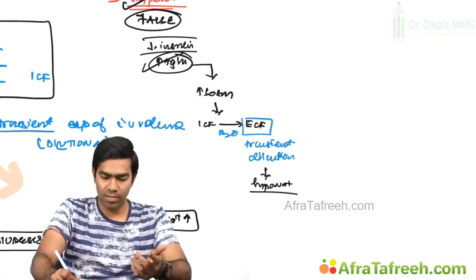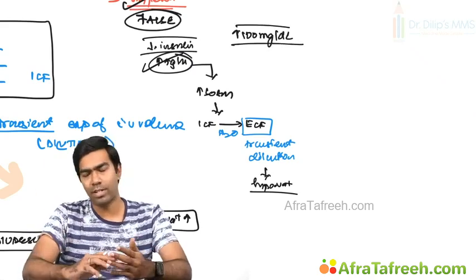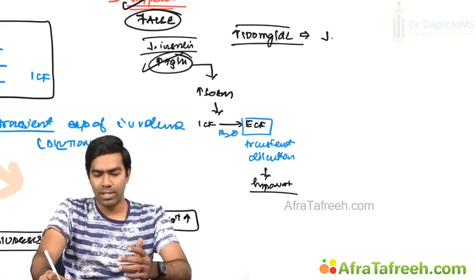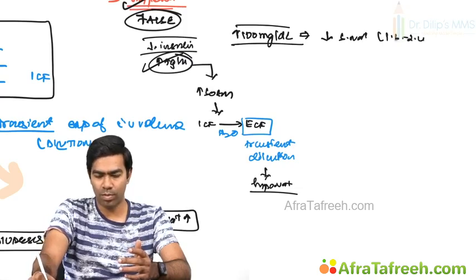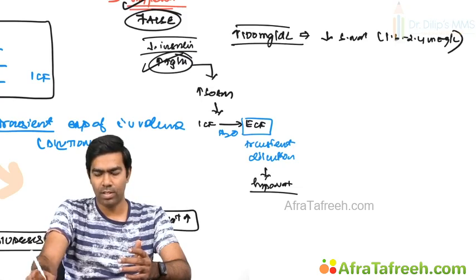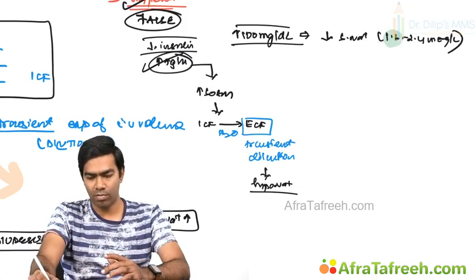Math tells that whenever the glucose increases by 100 milligrams per deciliter over the normal value, that is 100, there will be a simultaneous decline in the serum sodium of approximately 1.6 to 2.4 milliequivalents per liter. So even though the values are variable, standard textbooks give a value of 1.6.